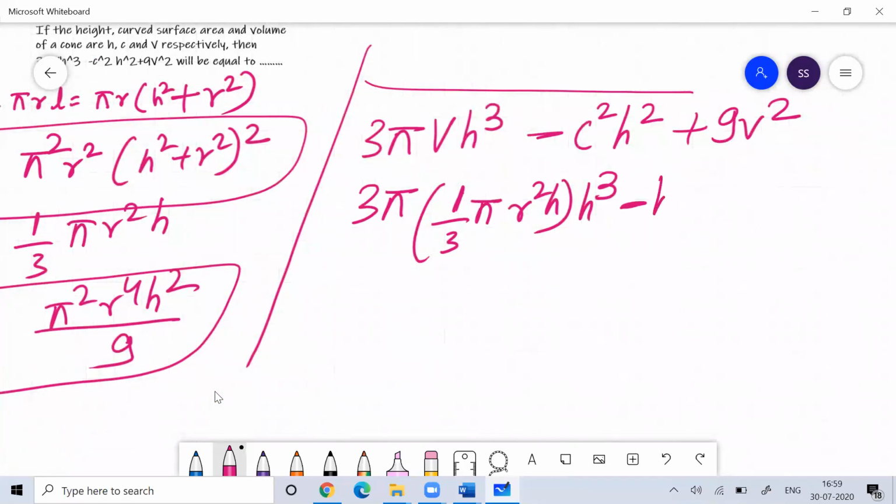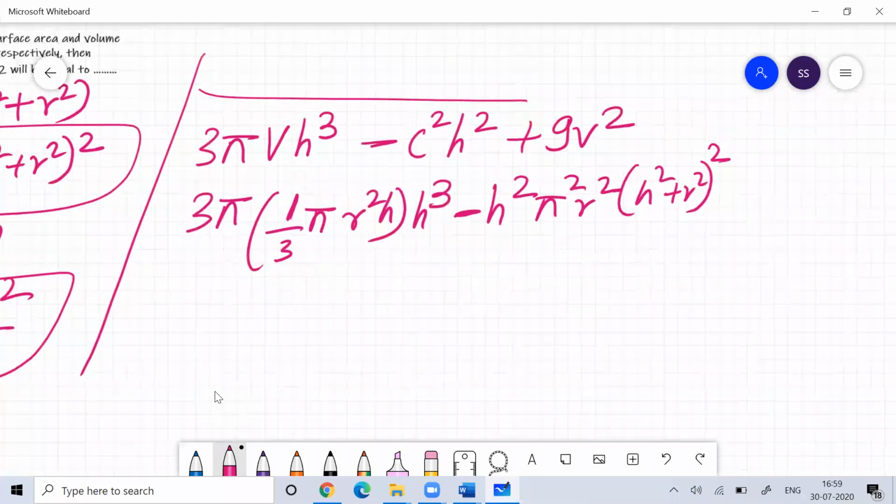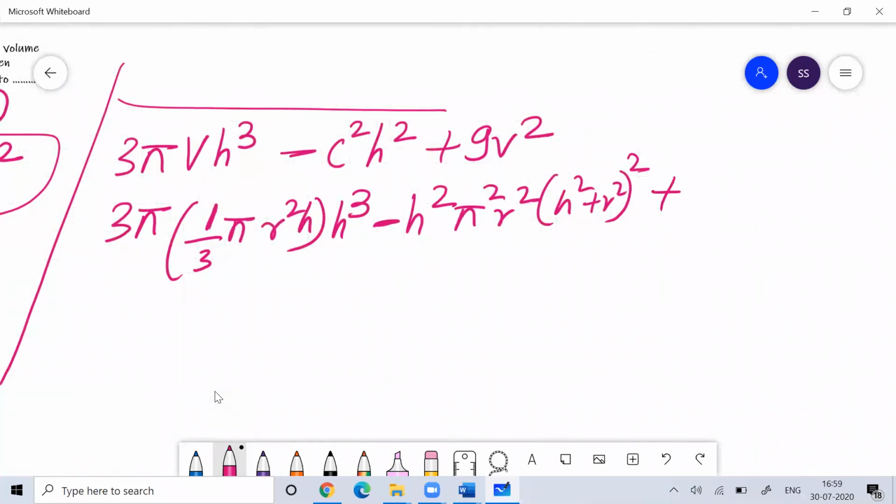This is h square, and then C square is pi square r square, h square plus r square whole square, plus 9 V square, V square that is pi square r to the power 4 h square by 9.